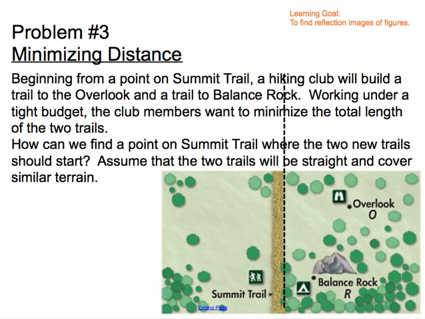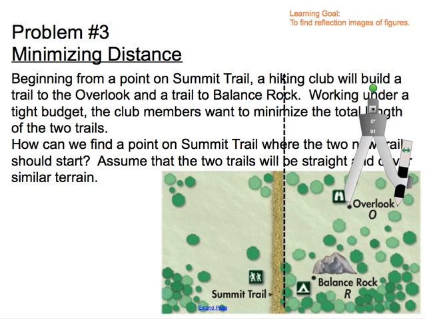Okay, so the first thing that I'm going to do here is extend Summit Trail so that I can work with it a little bit easier. Then I'm going to take my compass and place it at Overlook.